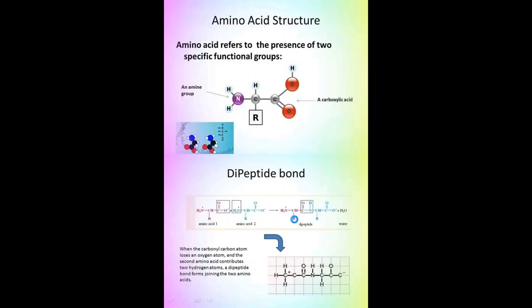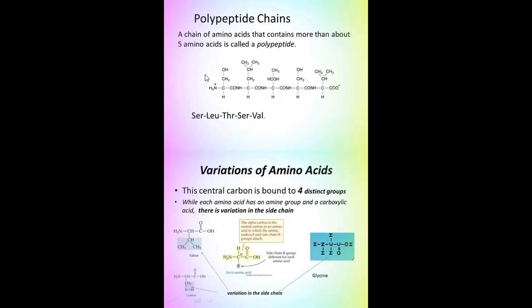So for example, if you have a polypeptide like this, the number of amino acids present in there can be found by counting the number of the side chains. So we have side chain 1, side chain 2, 3, 4, and 5. Since we have 5 different side chains in this polypeptide, it is clear that this polypeptide has 5 amino acids.